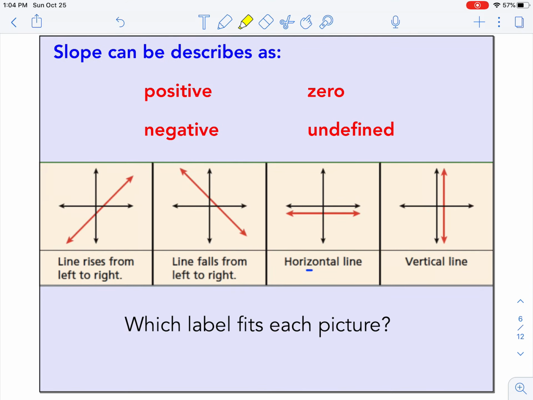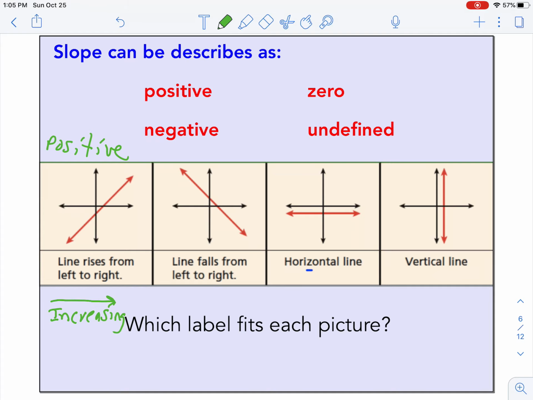So we can define slope as positive, negative, zero, or undefined. And we talked about this when we first started. If our line is increasing from left to right, when we look at this graph from left to right, that is our positive slope.